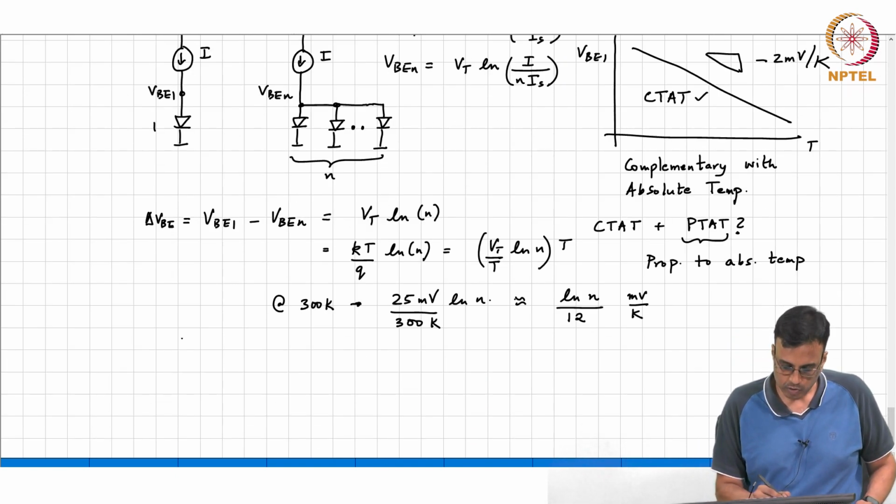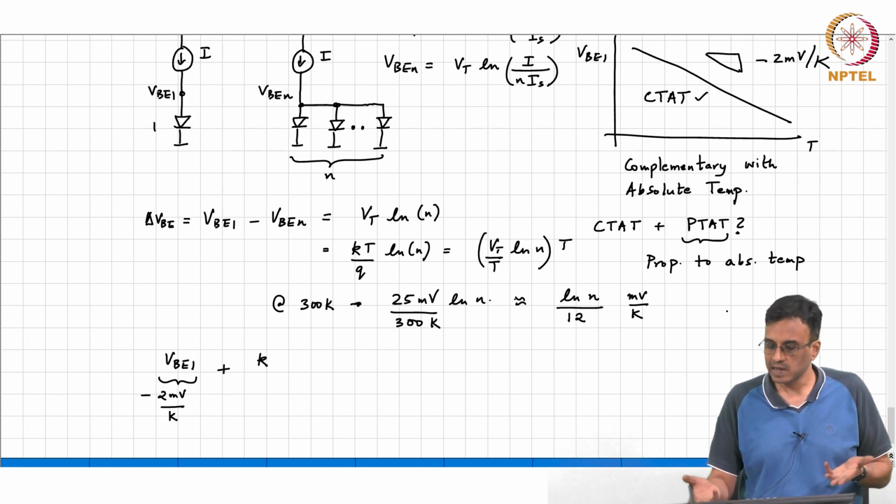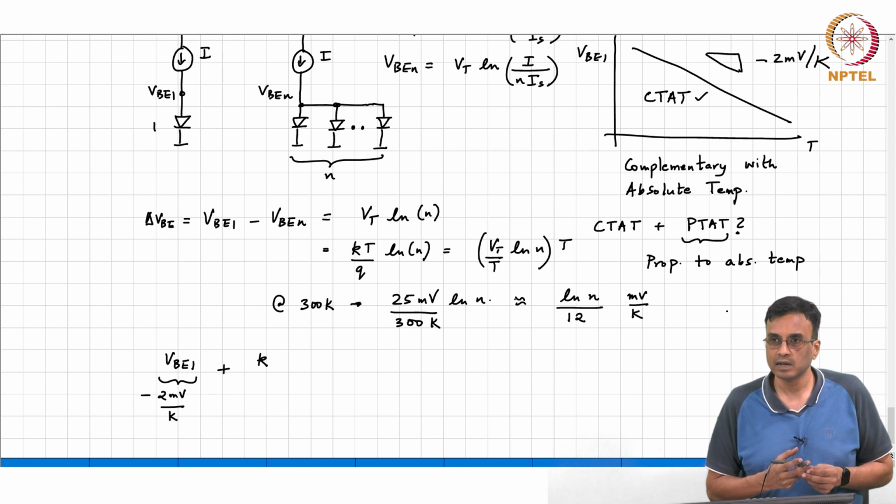So, VBE1 is minus 2 millivolt per Kelvin. To this we must add something. Obviously ln n by 12, if this has to be plus 2 millivolts per Kelvin, then ln n has to be e raised to 12, right.